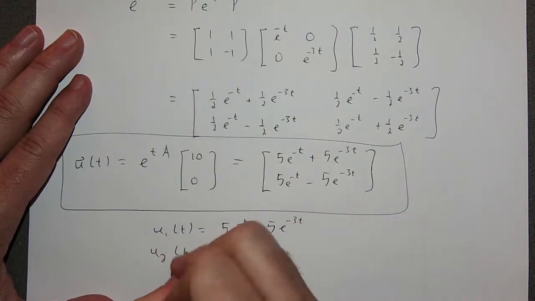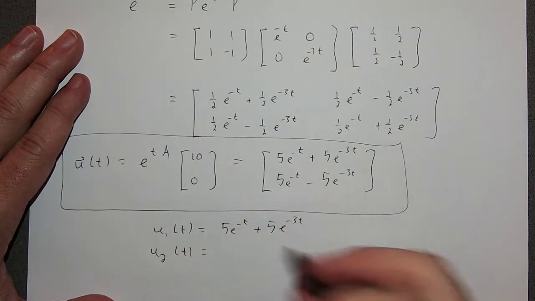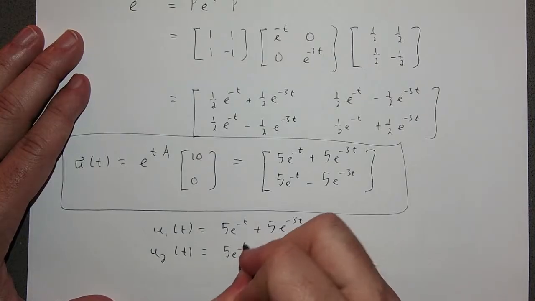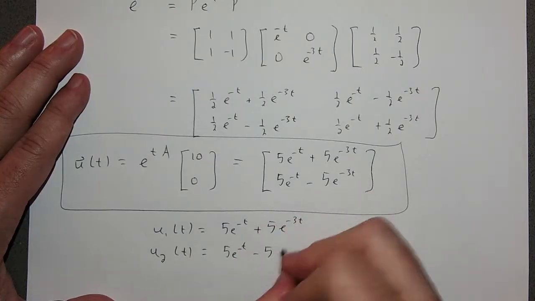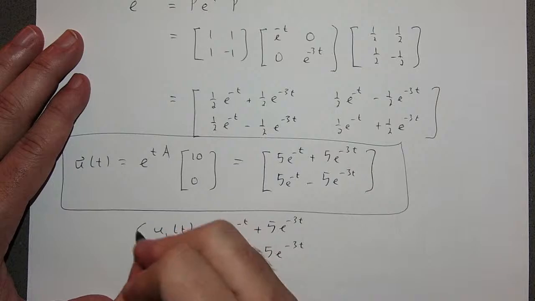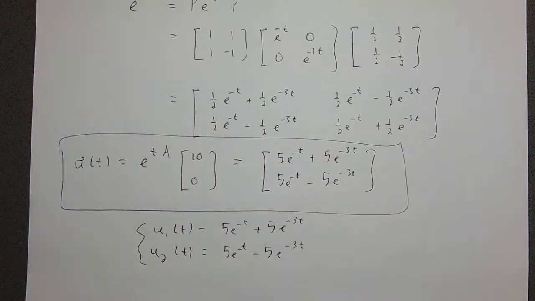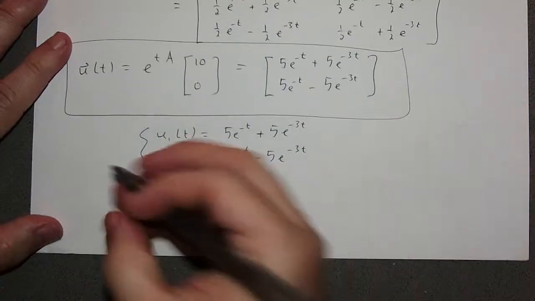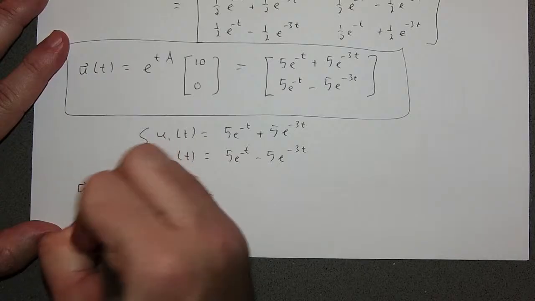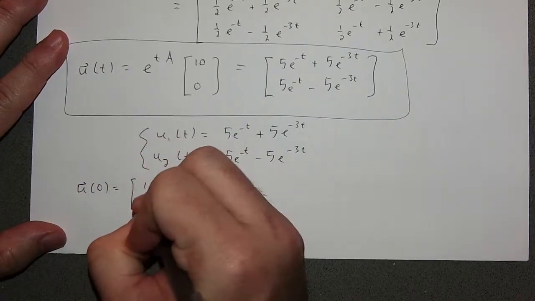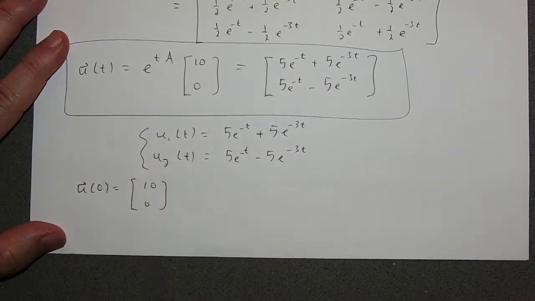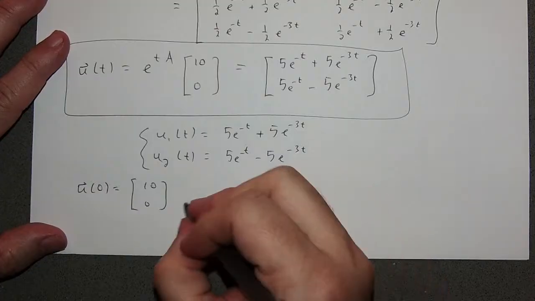And u2, which governs the temperature in the second region of the bar, is 5e to the minus t minus 5e to the minus 3t. So this gives us a complete description of the temperature on the two regions of the rod as time goes on, right? So for instance, u of 0 is our initial temperature distribution. So the temperature is 10 in the first region, 0 in the second region.